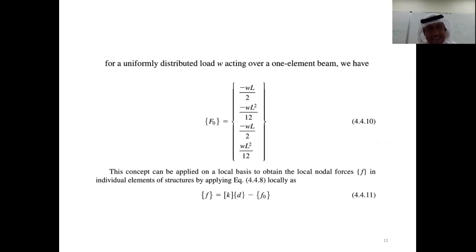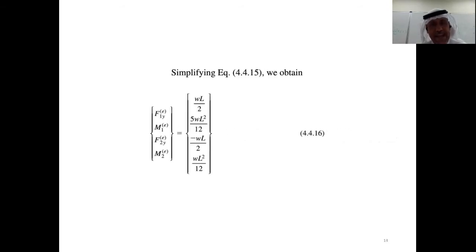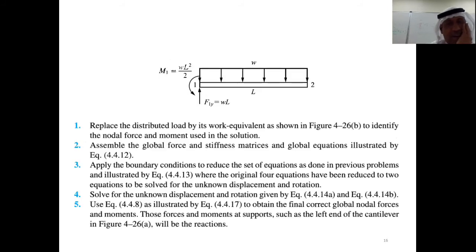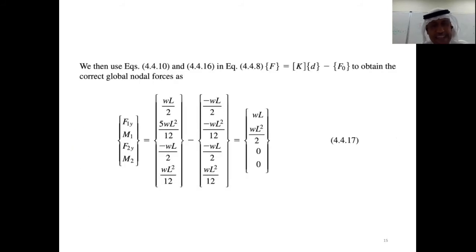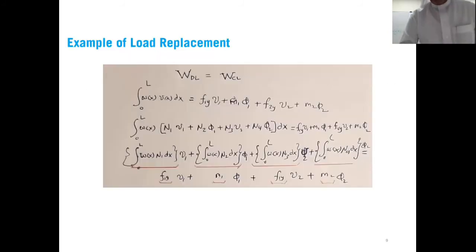This is the distributed load acting over the beam when you have fixed end moment. And then you can find it. This is what happened when you have a cantilever. So let's do it for a cantilever. If you understand it for a cantilever, I think you can do the rest.